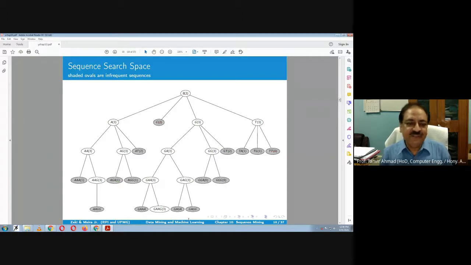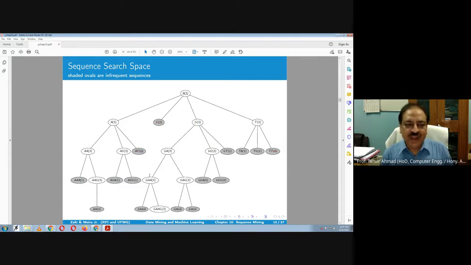Now, if I remove this AAT from the database, extensions of AAT will not be generated. Why? Because you are applying a join. Now, how am I generating AAA? Because you are joining AA with A, AA with G, and AA with T. Suppose this T is not there in the database itself and it's removed.